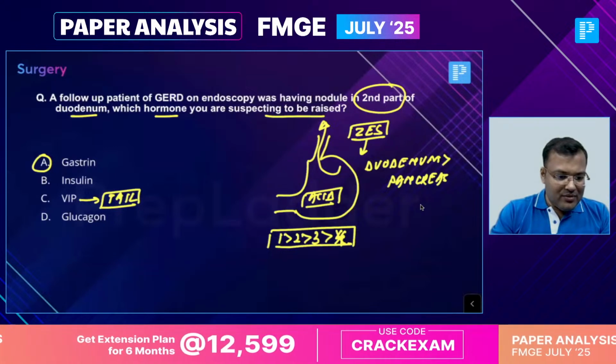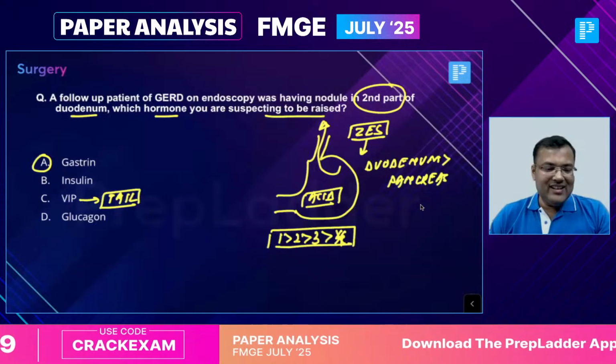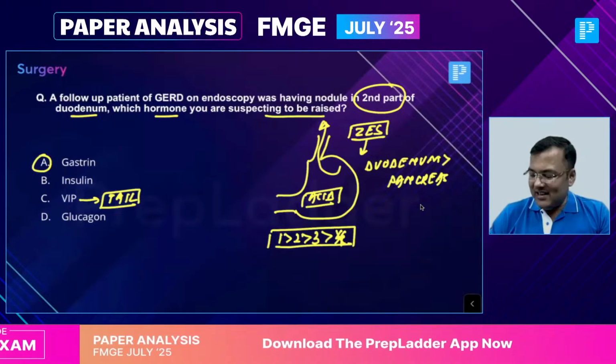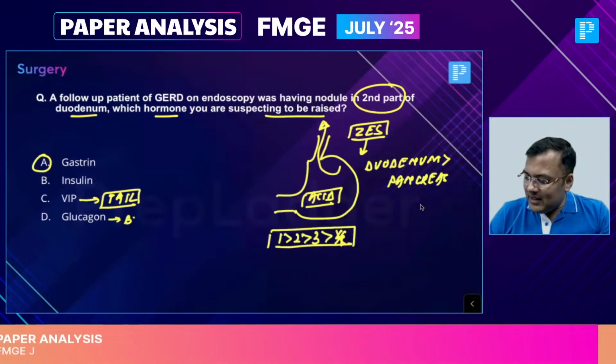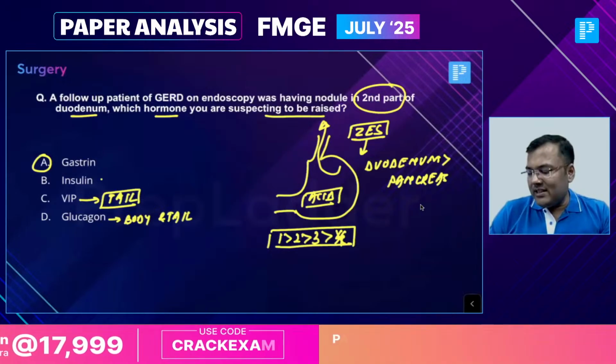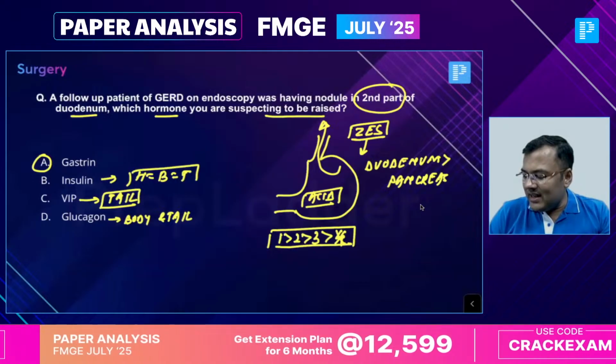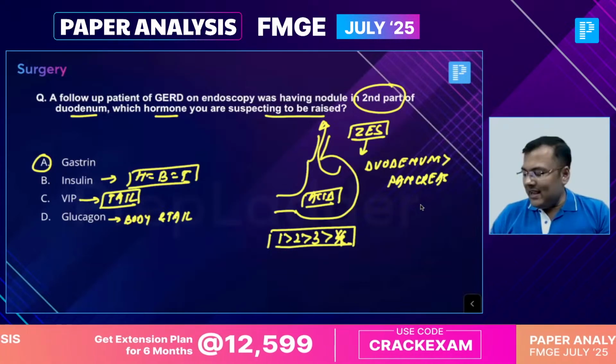No, no, it's not head and tail. Prakhar, it is body and tail. Nadeem, very good. So glucagonoma is body and tail. Insulinoma is equally distributed in head, body, and tail. Clear? So the correct answer is A, gastrin.